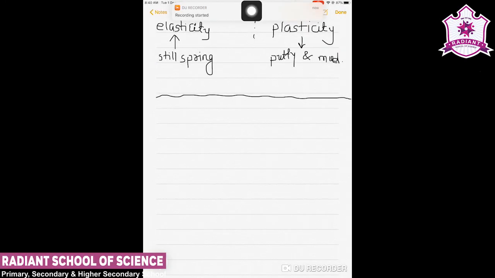Dear students, in the last section we studied the types of solids and how they behave under the external influence of a force. Now we will see what the elastic behavior of solids is.